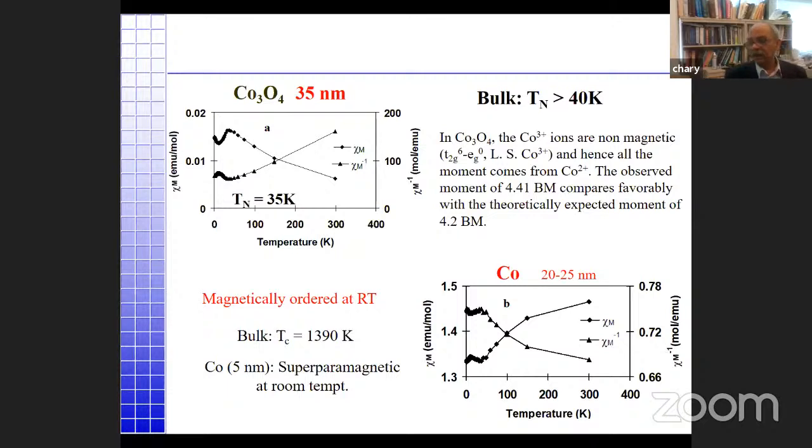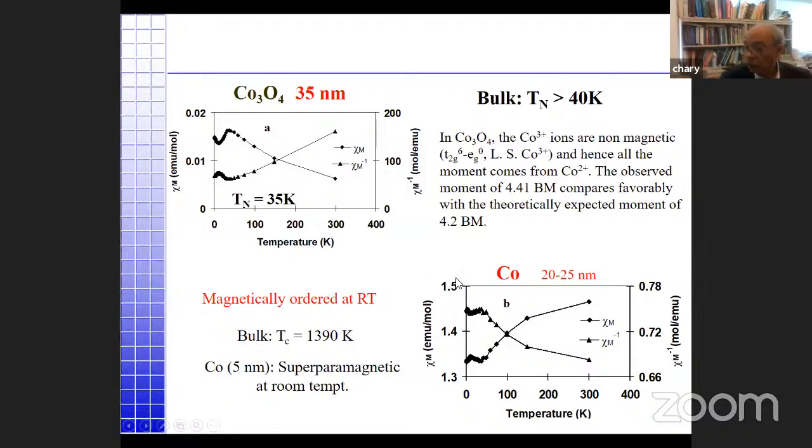Similarly, cobalt-3 oxide, which is a spinel structure here, we were able to again play with the magnetization here. In the bulk, it is supposed to be 40K, but we were able to bring it down to 35K. And also, we were able to play with the ferromagnetic ordering temperature of the cobalt by reducing the size to 20 to 25 nanometers.